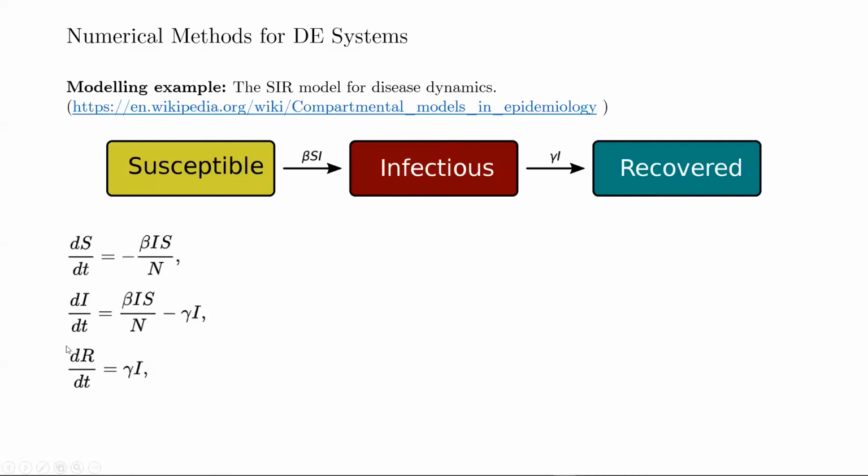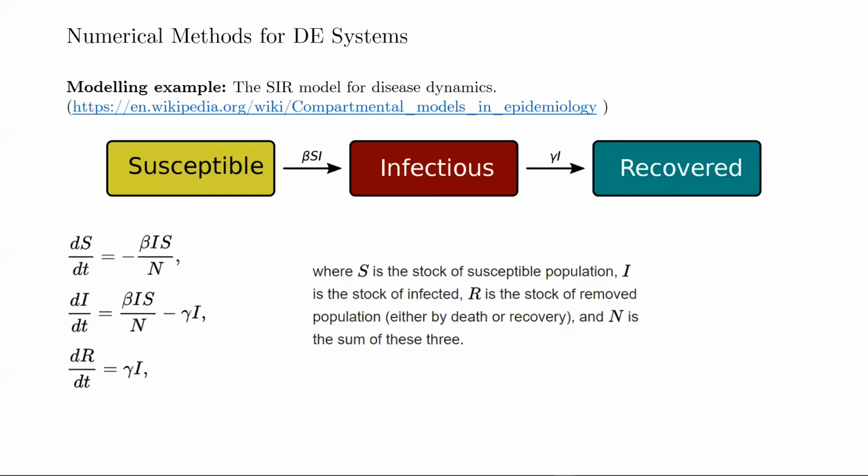And then the rate that people recover over time, dR/dt, the number of recovered people over time is equal to gamma times I. Okay, so S is the stock of susceptible population, I is the number of infected, R is the number of recovered population. Okay, N is the sum of those three.